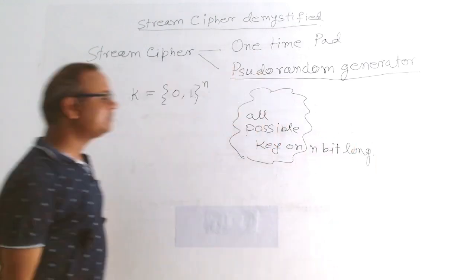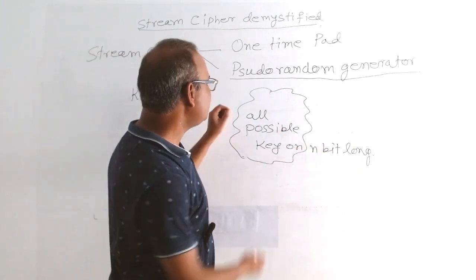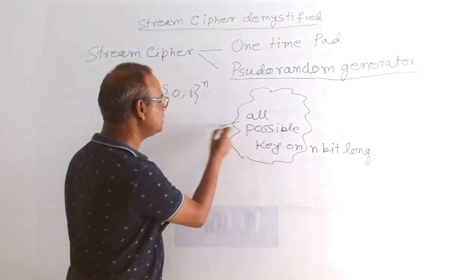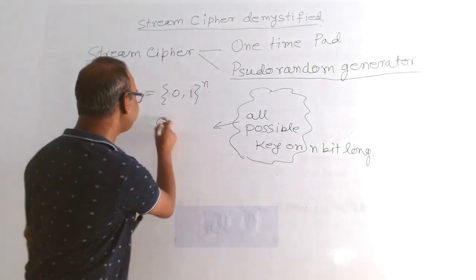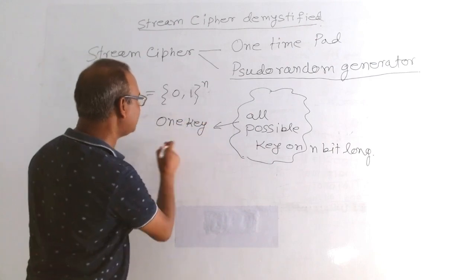This is the key space of all possible keys of n bits long, and we are picking one key randomly.